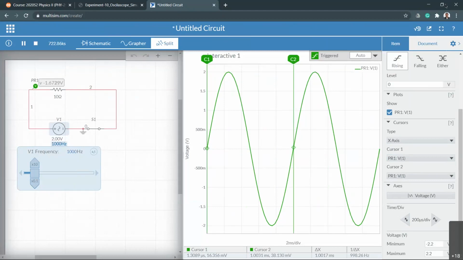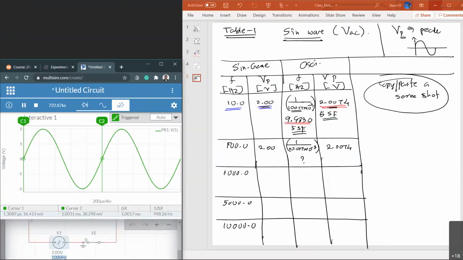This delta x is given as 1.0017 millisecond, but that unit is not updated. That's something to do with this simulation. You have to always be vigilant. The real unit should be 200 microsecond per division. Okay, so you have to use the units accordingly.